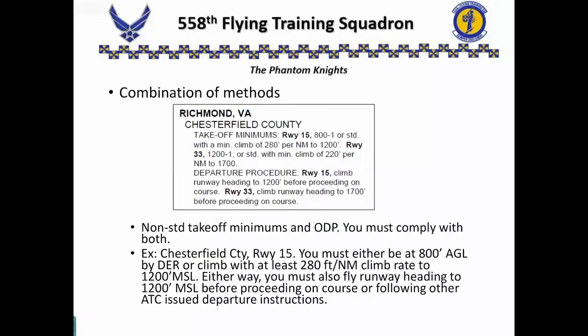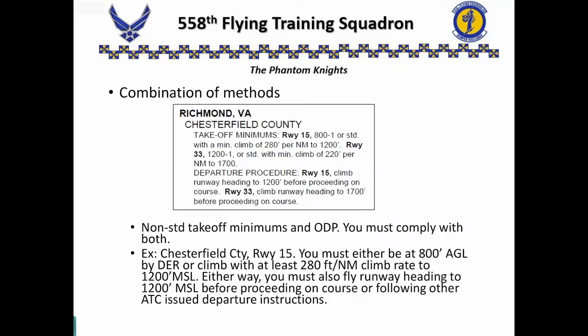Now, we could have a combination of methods like we see here at Chesterfield County in Richmond, Virginia. We have takeoff minimums and a departure procedure. So remember, the takeoff minimums do not apply to us as takeoff minimums. So runway 15, civilian pilots need a ceiling of 800 feet and 1 mile.